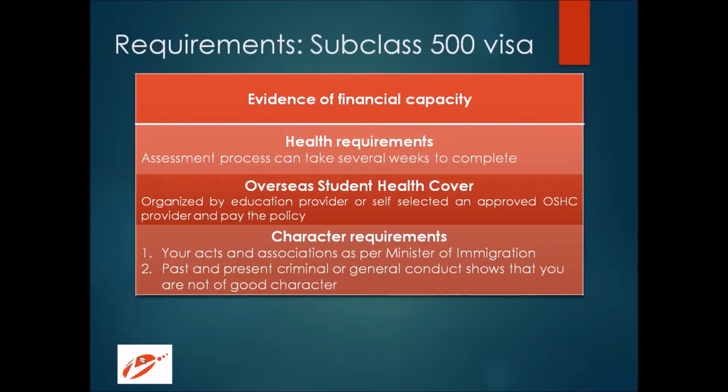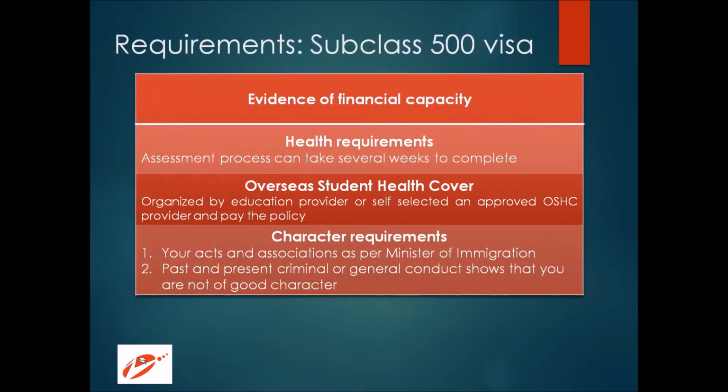Evidence of financial capacity includes funds to cover your travel to Australia, and 12 months of living costs and course fees, and evidence that you will be able to meet the annual income requirement if there is one. That would be, if your parents are financing, then their annual income proof would be required.